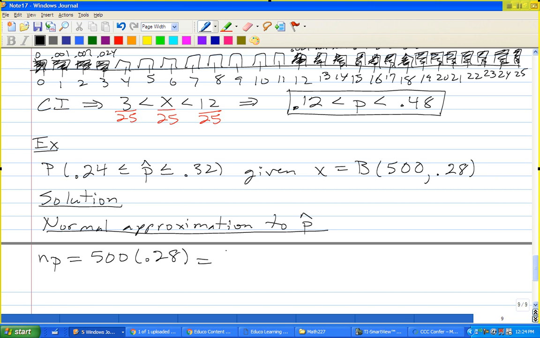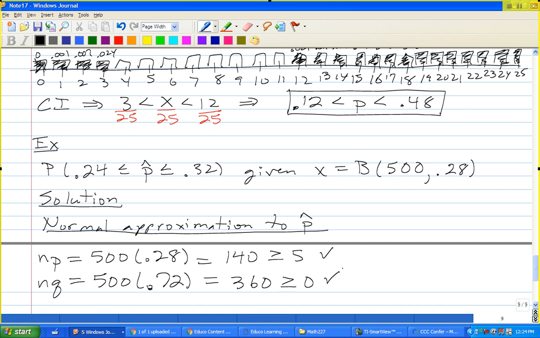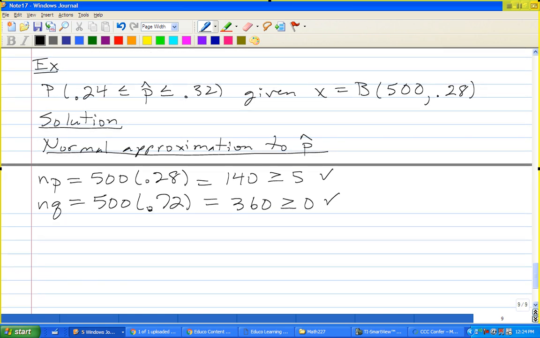And so 140. That's certainly greater than 5. If I have a 28% chance of success, I have a 72% chance of failure. And so 360. Again, that's bigger than 5. So let's invoke continuity correction.